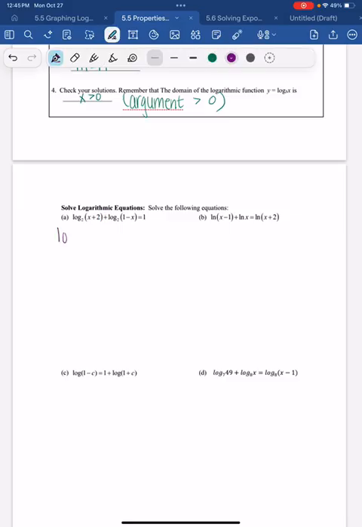So this is going to become the log base 2 of x plus 2 times 1 minus x, and that equals 1. And now I'm going to change forms. It's in log form, change it to exponential form.